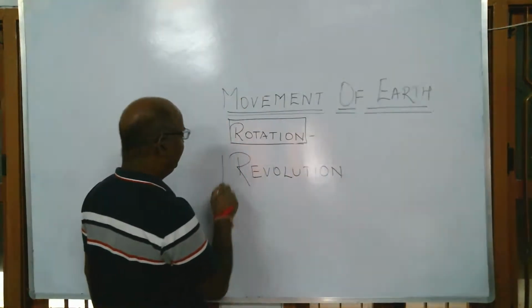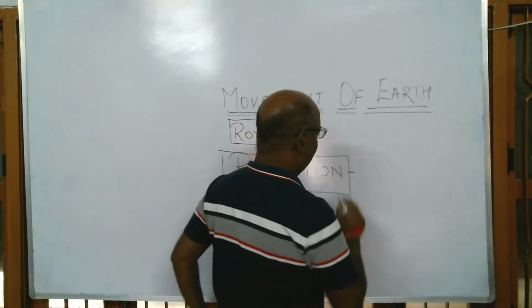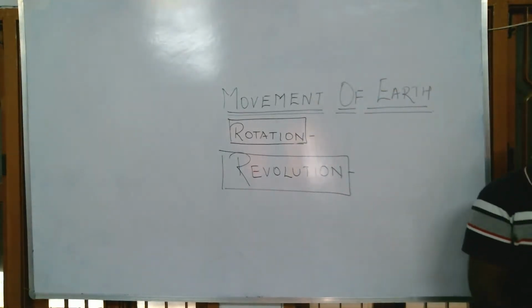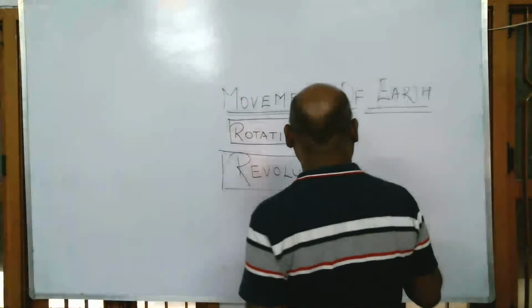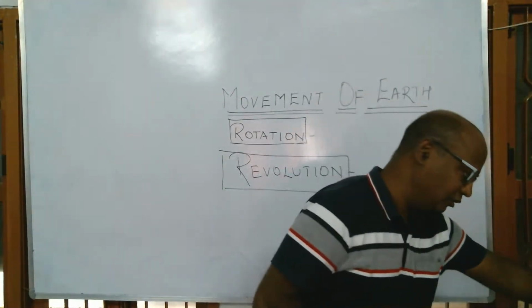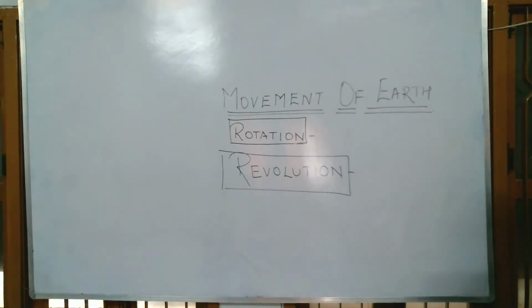Now, from your everyday life, can you give some example of such motion? For example, you know that suppose this is the chair and I am moving in elliptical orbit around this chair. I am going round and round this chair in an elliptical orbit.